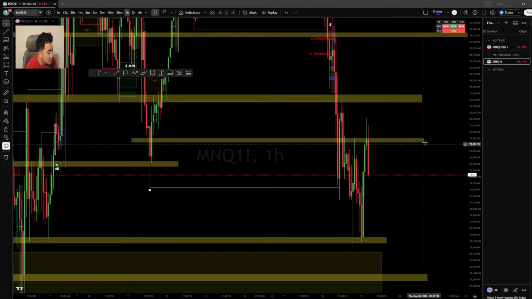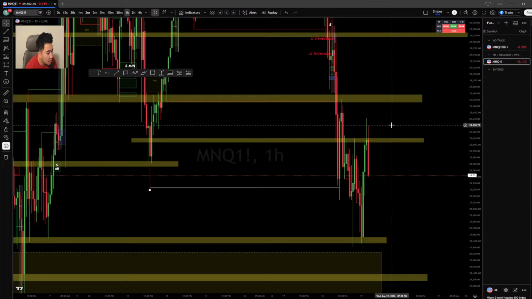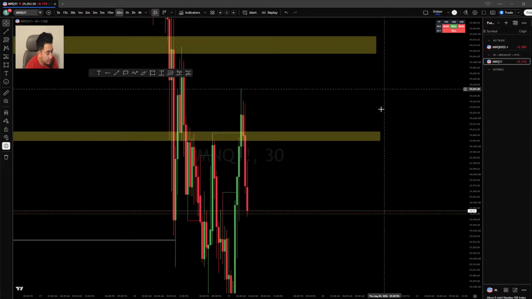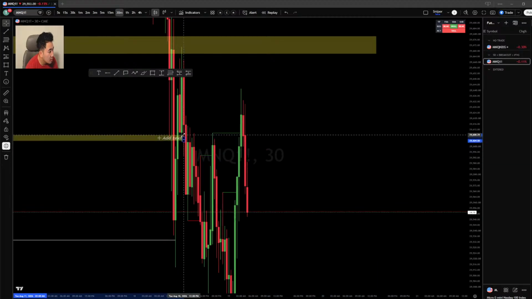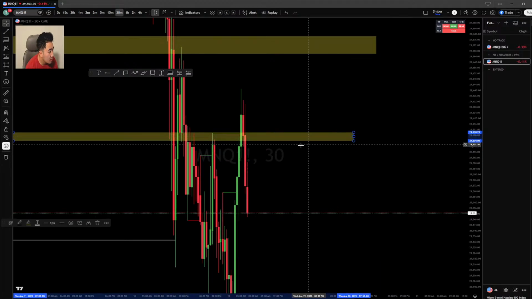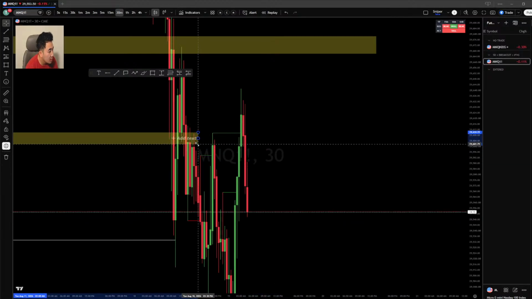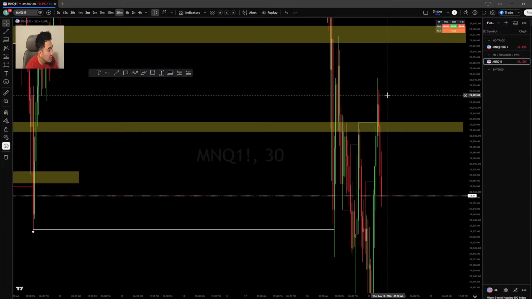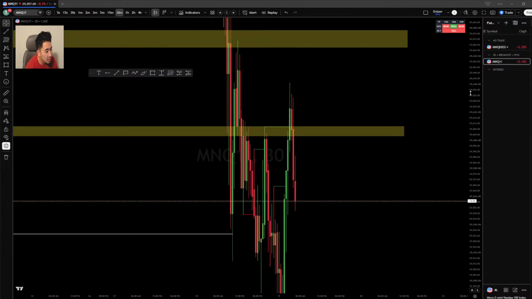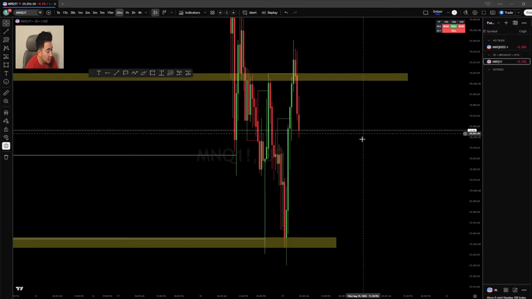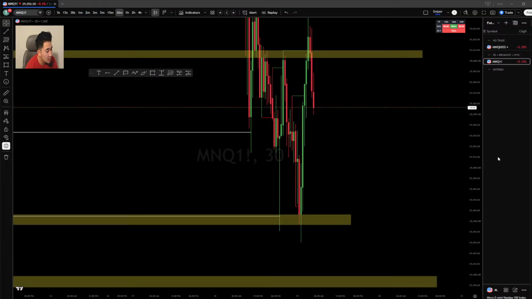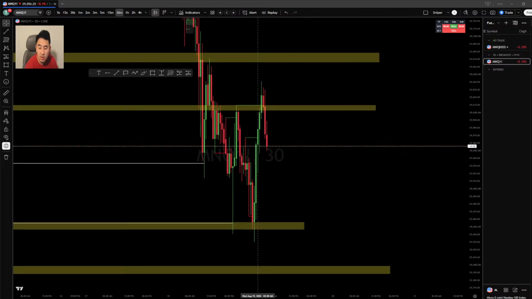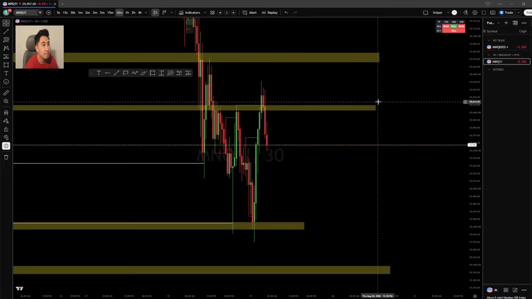Let's do this 1 hour. It's not always clear, but also keep in mind it's not a solid defined zone. It's an area. It's not an exact zone, but try to draw as exact as possible here.